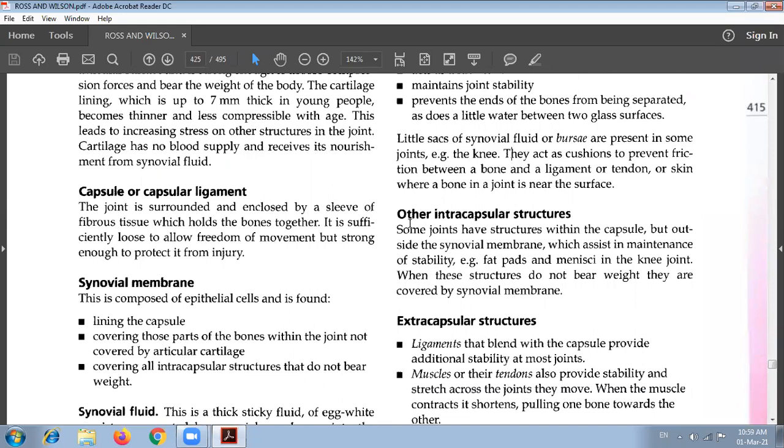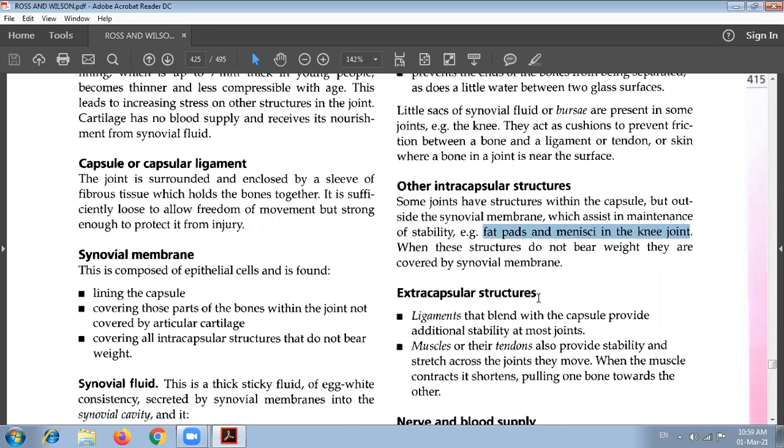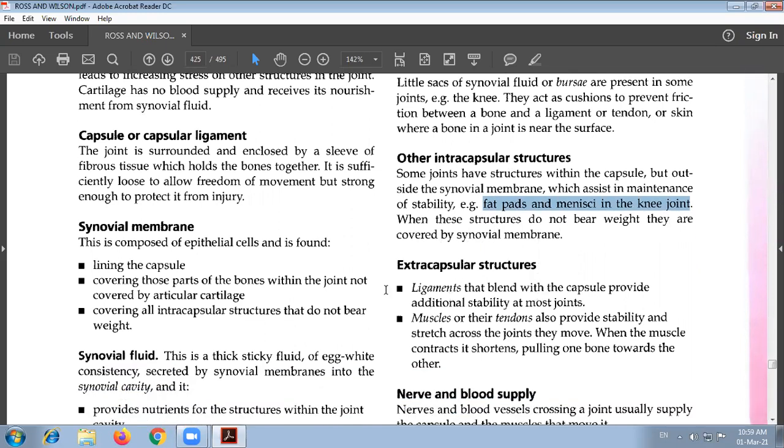The next structures are those present inside the synovial capsule. Some joints have structures within the capsule but outside the synovial membrane, which assist in the maintenance and stability of that joint. Examples are fat pads and the menisci in the knee joint. When these structures do not bear weight, they are covered by synovial membrane. Then extracapsular structures are outside the synovial capsule.